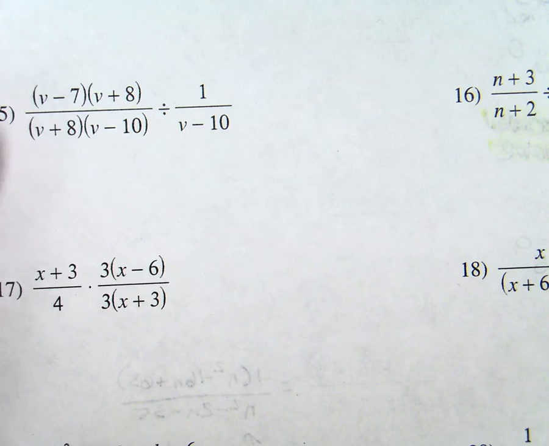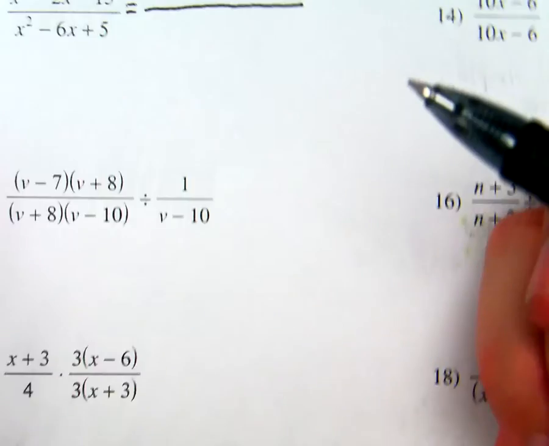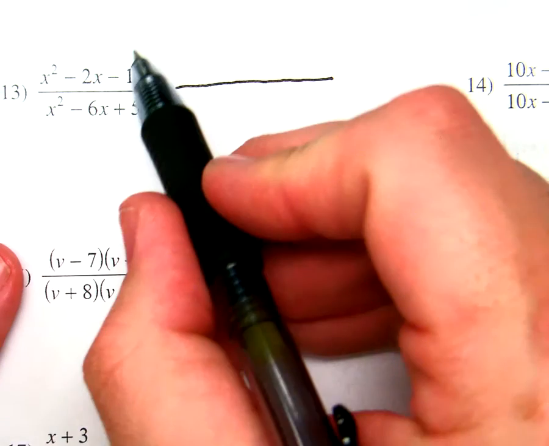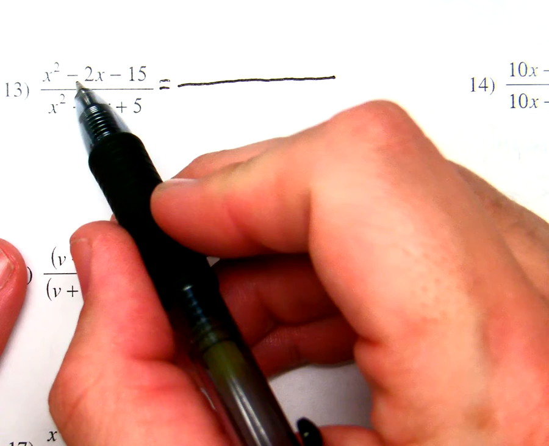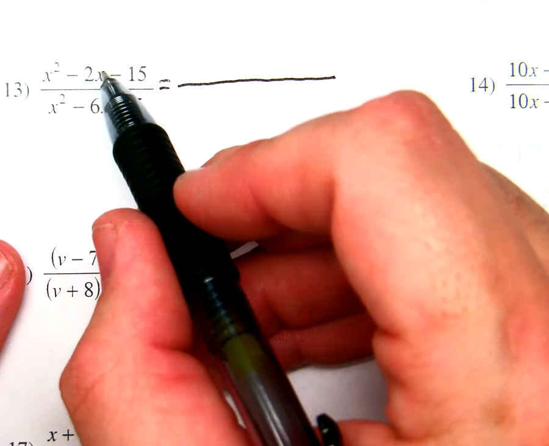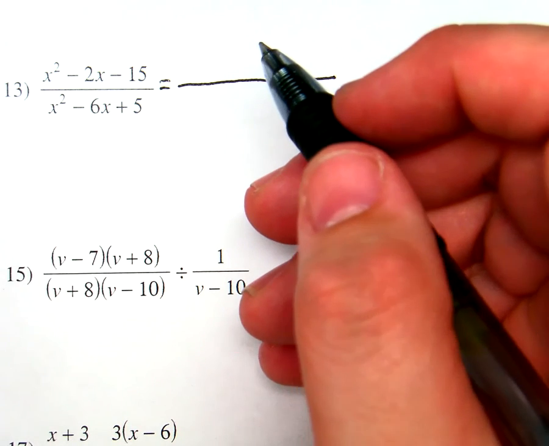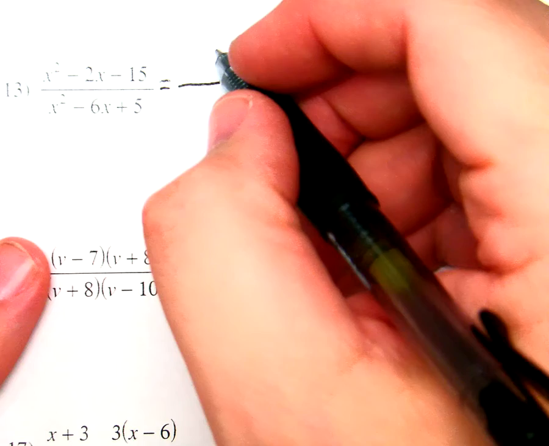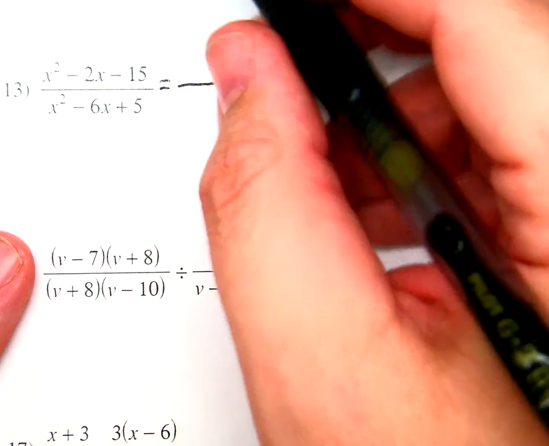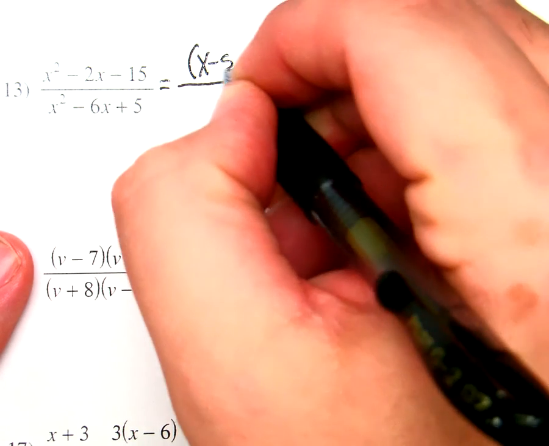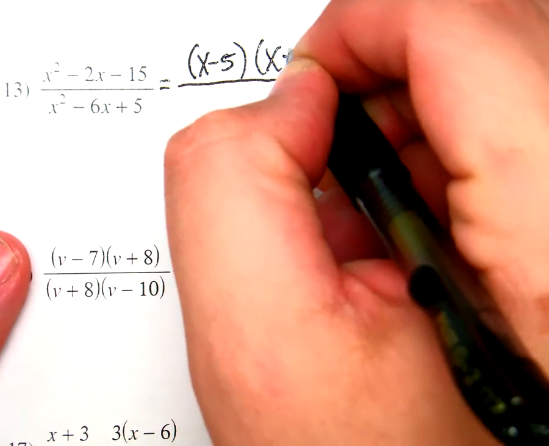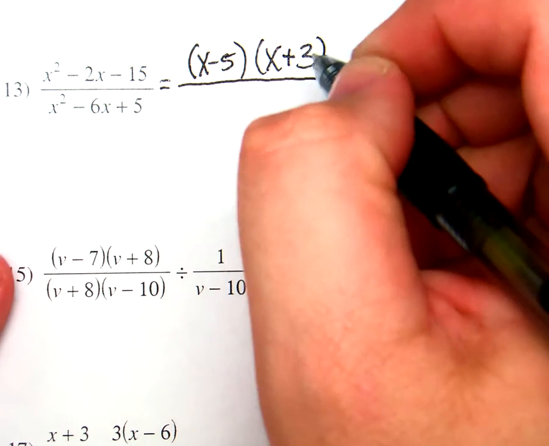Here we go. Two numbers that multiply to get -15 and add to -2. Not 3 and 7. Which one's negative, though? 5. So I'm going to get x minus 5, x plus 3.